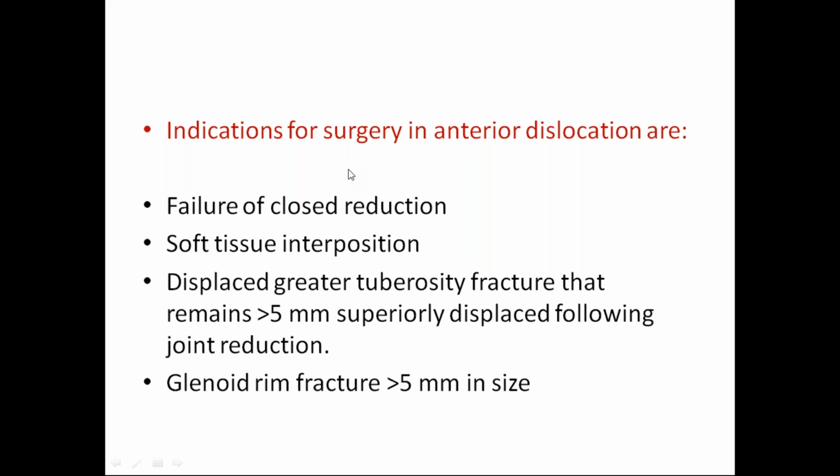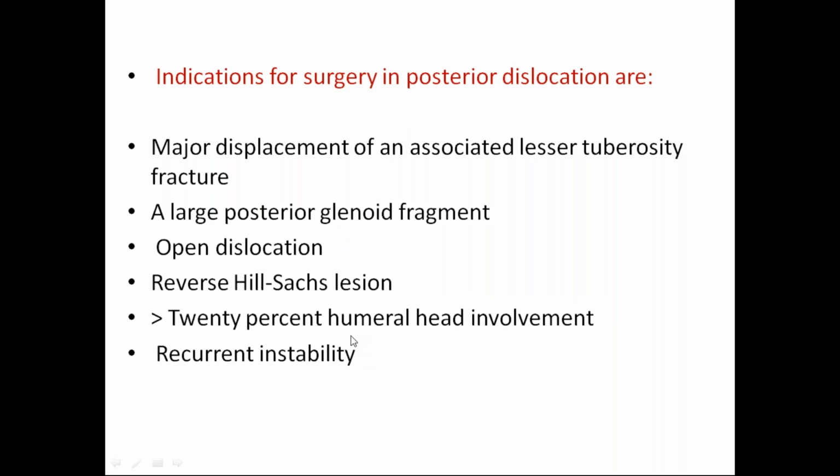So what are the indications for surgery? In case of anterior dislocation: failure of closed reduction and soft tissue interposition, and if the dislocation is associated with fracture displacement of the greater tuberosity and glenoid rim fractures. In case of posterior dislocation, the indications for surgery are major displacement of the associated lesser tuberosity fracture and fracture of the posterior glenoid fragment.